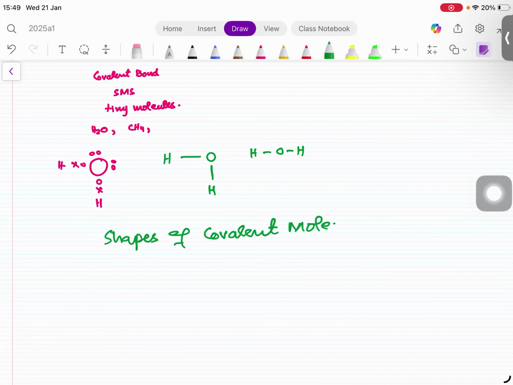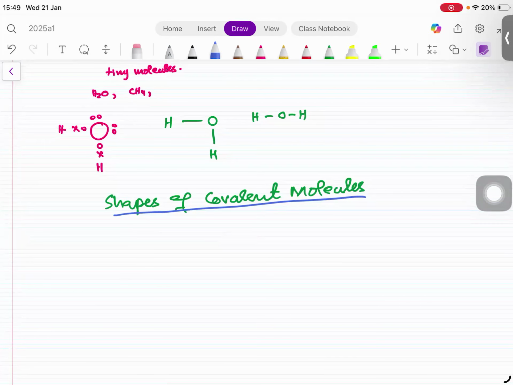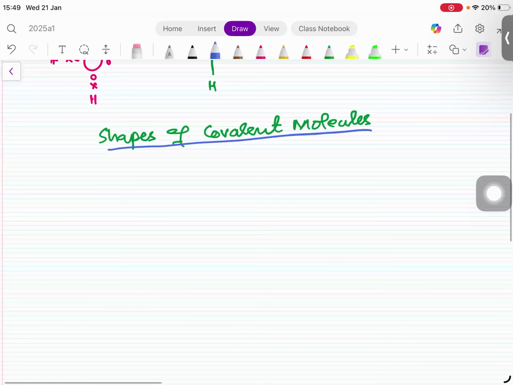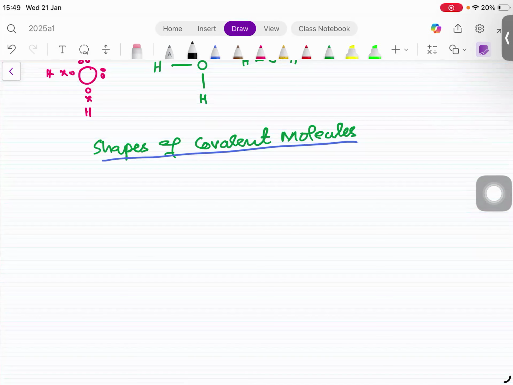Now the molecules are so tiny that we do not have any microscope or instrument which can let us see how a molecule looks, right? So we have to predict shapes on the basis of a theory. The theory used here is known as, write down please, the VSEPR theory.